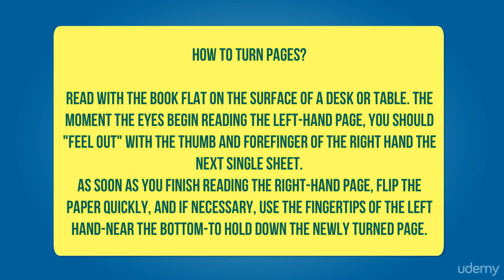Doing so, you will avoid the frustrating mistake of turning more than one sheet at a time. As soon as you finish reading the right-hand page, flip the paper quickly and, if necessary, use the fingertips of the left hand near the bottom to hold down the newly turned page. Repeat this process immediately.